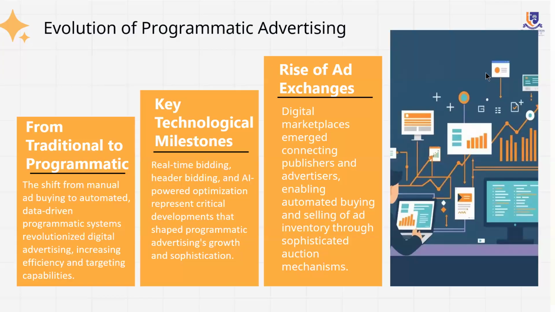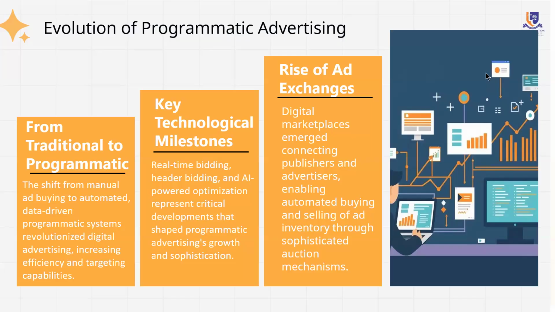So the key technological milestones are real-time bidding. Like I said earlier, you can bid for prices now instead of having a fixed price. Your click-through rate will determine the price you're going to be paying per click, and whenever anybody clicks on your ad, that determines how much you pay.